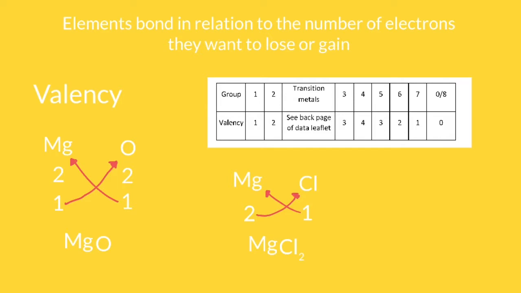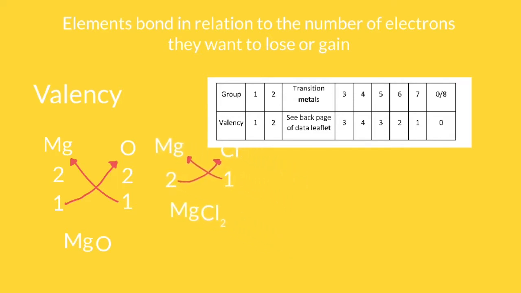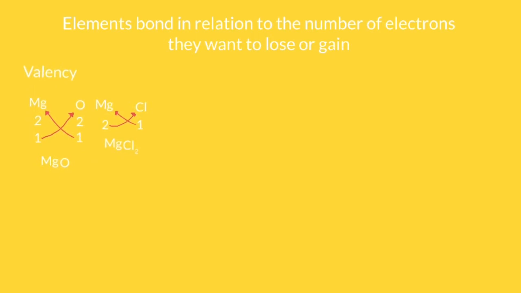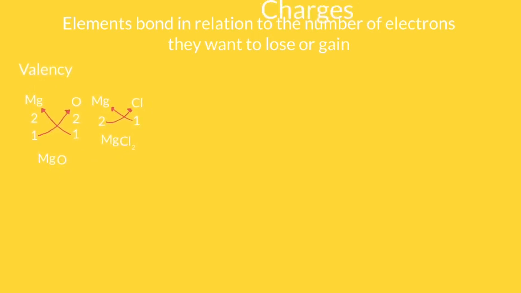The other way then to look at this is in terms of the charges, because of course elements become charged as they gain or lose electrons. Now, overall compounds are generally without any charge. They are completely neutral. So again, if we look at this in terms of charges, the charge of magnesium is generally Mg2+.